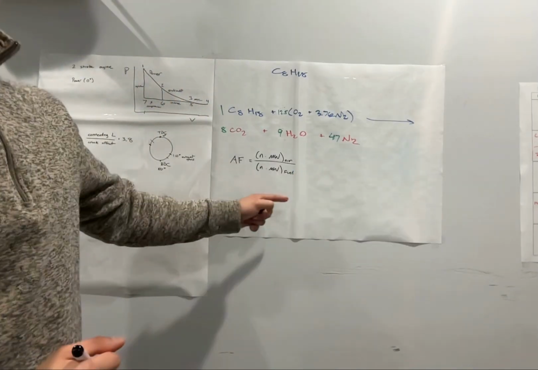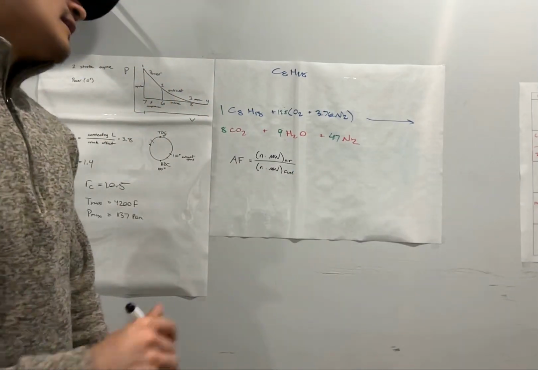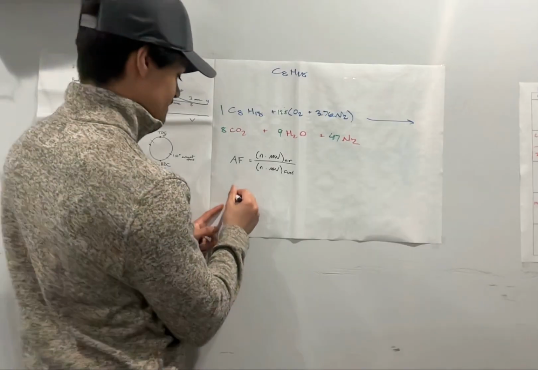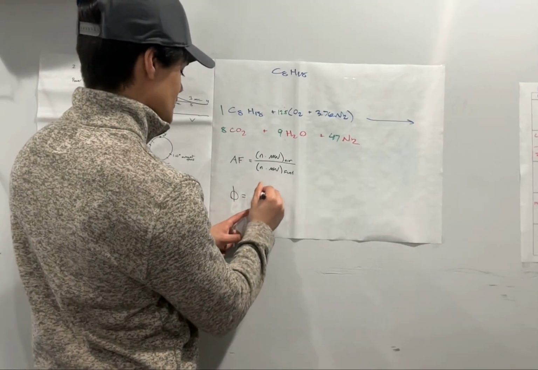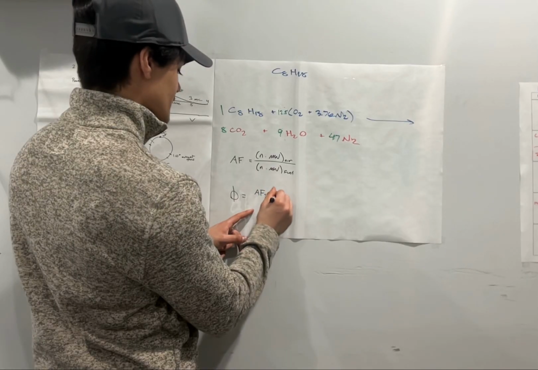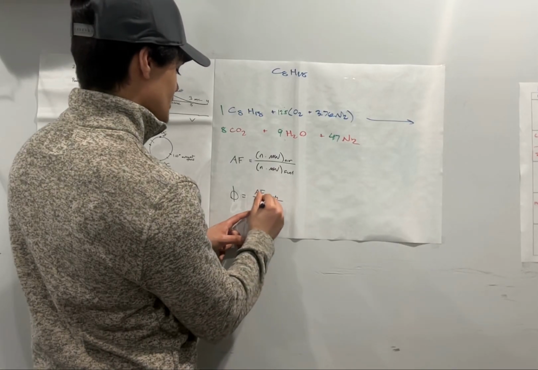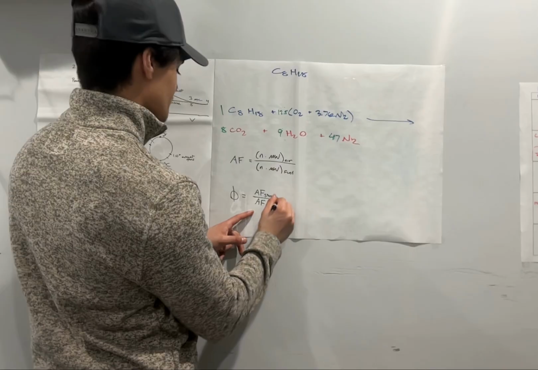This is used for the real case and the stoichiometric case. The equivalence ratio is the air-fuel ratio of the stoichiometric case over the air-fuel ratio of the real case.